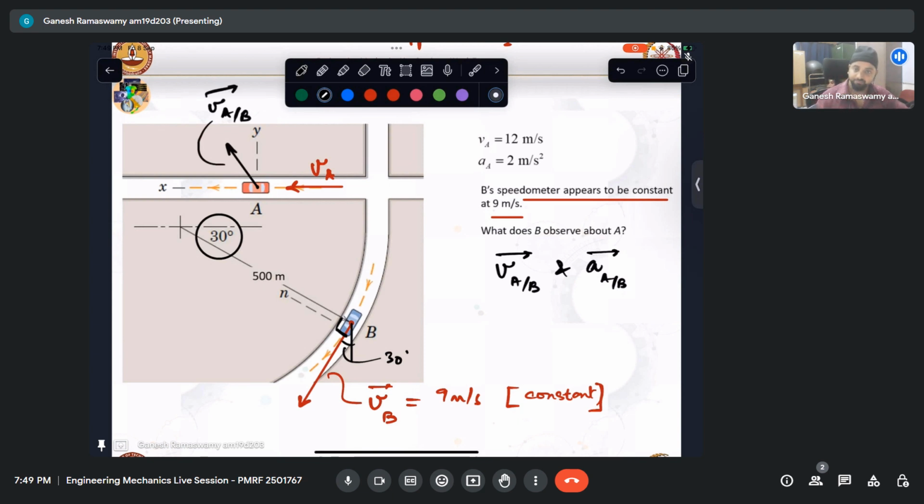Okay. So the same thing we can do for acceleration also. So let us do that.